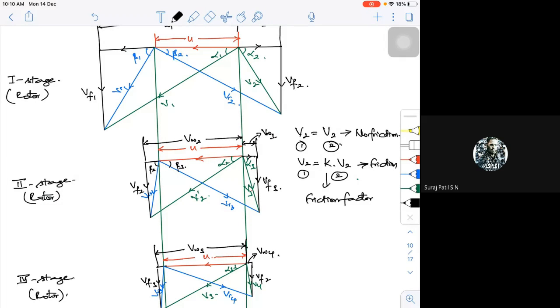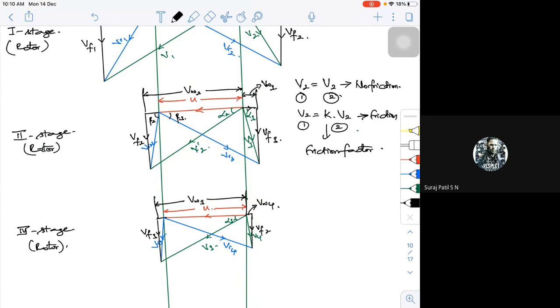So this becomes your friction factor. The same rule can be applied to the third stage also. So V3 from second stage is equal to V3 from the third stage, no friction. V3 from second stage is equal to some K1 into V3, where K1 is the friction in the second stage.